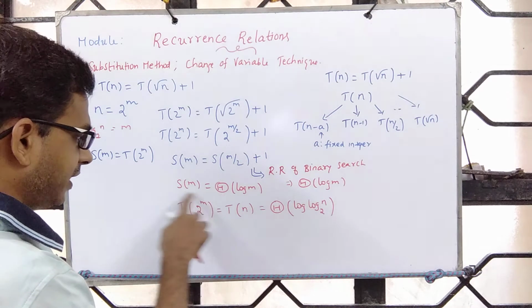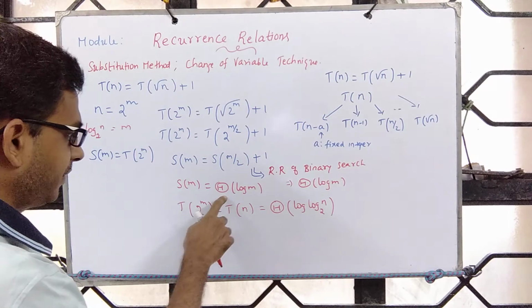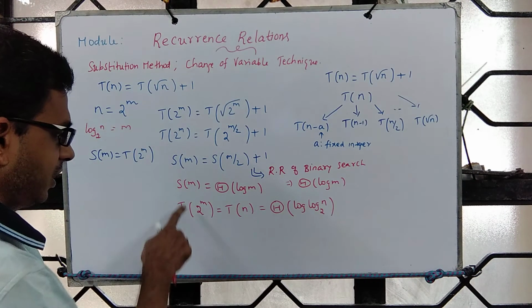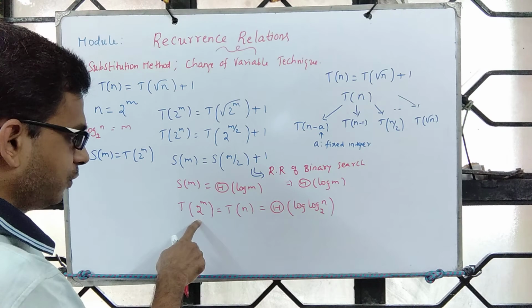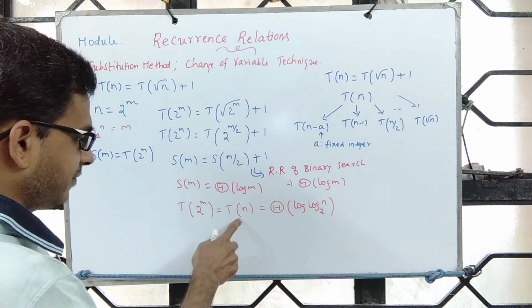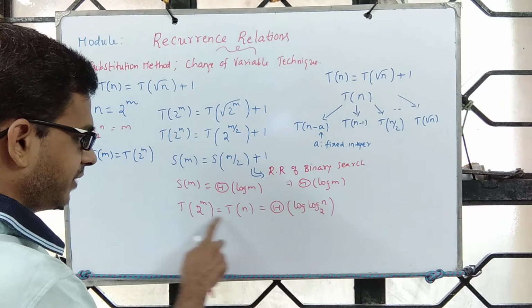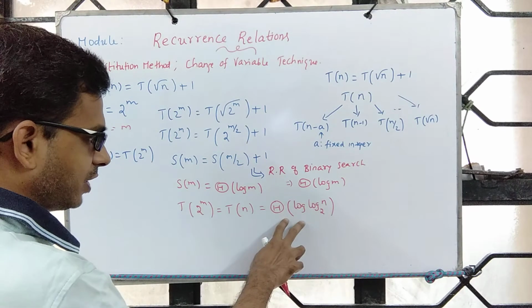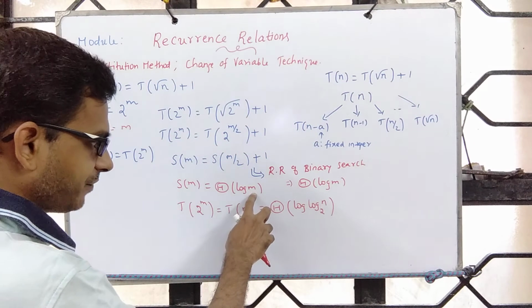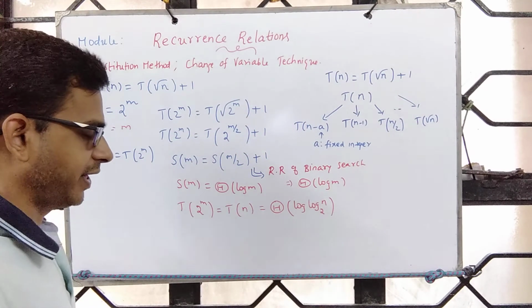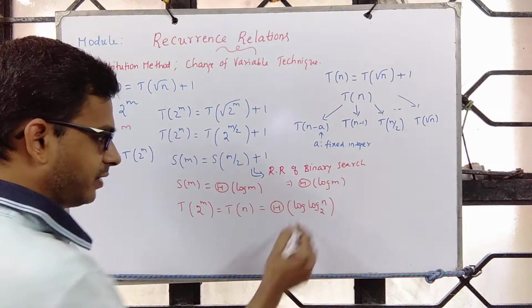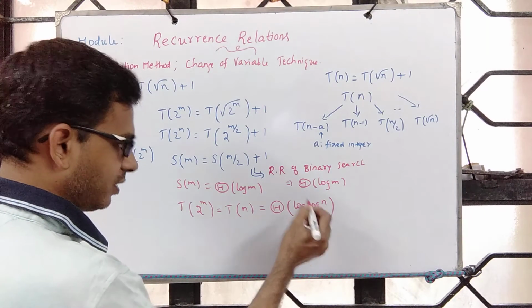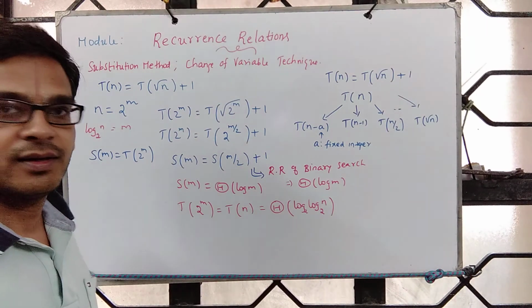After we arrive at the solution for s of m, I am going back, or mapping, to the function t. And so this is precisely t of 2 power m, but I want it in terms of n. So t of 2 power m is t of n, and that shows that in place of m you substitute the appropriate value for n, so you get log log n base 2. So it is log base 2 over here, log base 2 over here, followed by n.